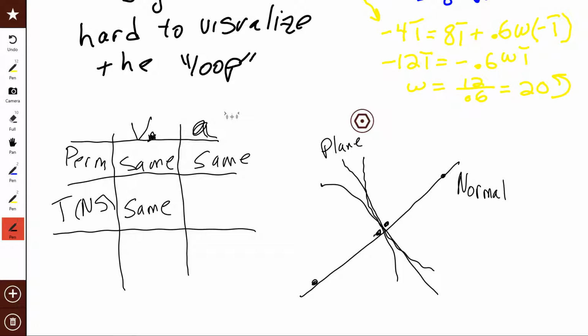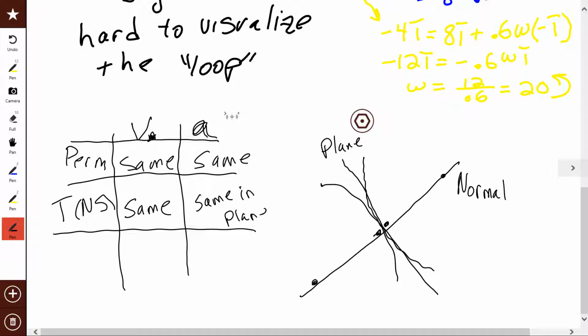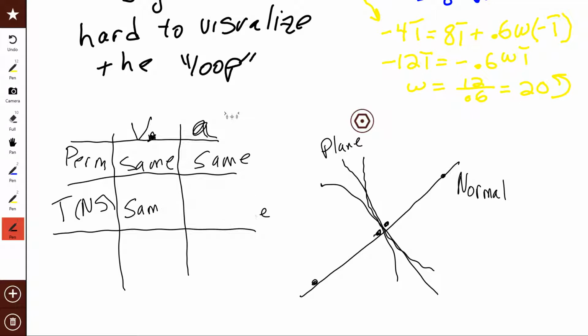In the plane. Same in the plane. And actually, if you're in 3 dimensions, that's 2 directions. It'll be the same in 2 directions if it's a 3-dimensional problem, right? But since we're not doing 3D problems, it's the same in 1 direction.